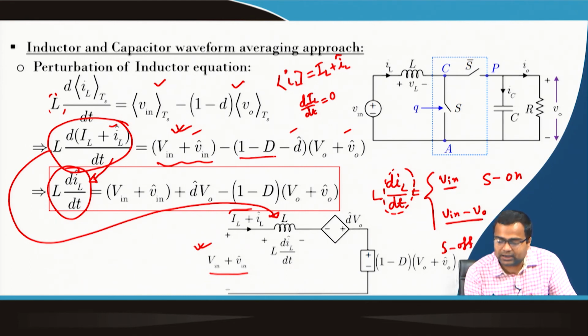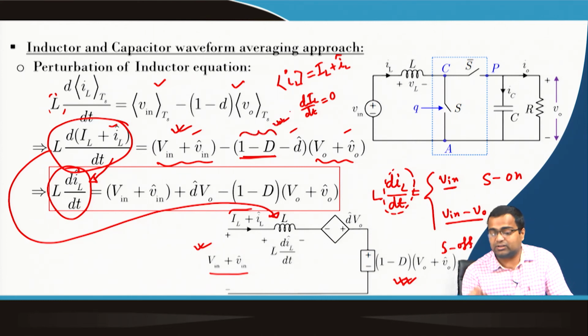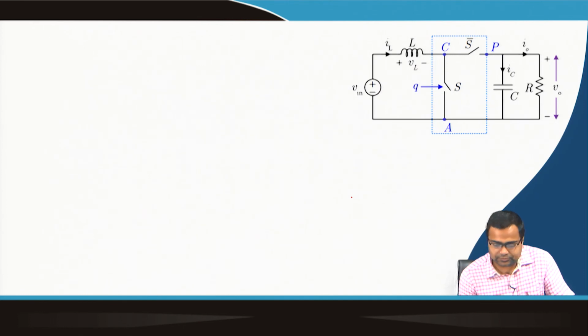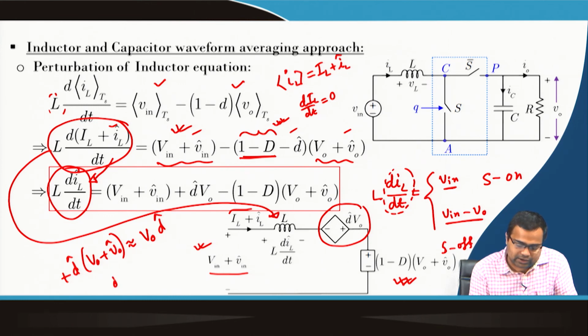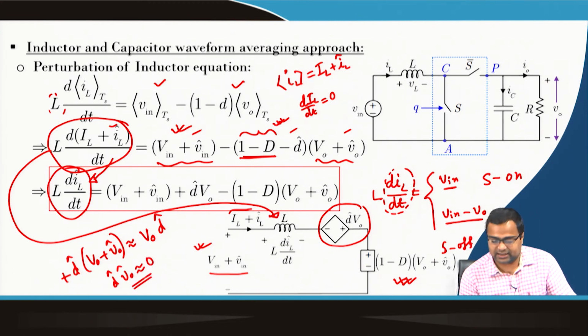One is (1 minus capital D) times this term, and the other quantity is this, in which we have ignored the d hat times V_0 hat product; there was minus the (d hat times V_0 plus V_0 hat) term, which is approximated to be V_0 times d hat, because we ignore the product d hat and V_0 hat, taking it as 0. So, we obtain this circuit.